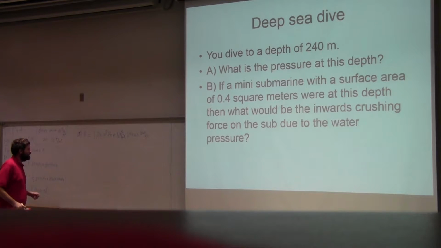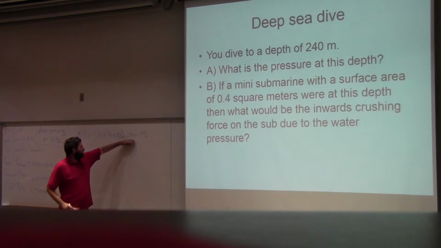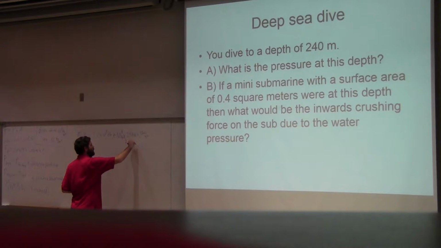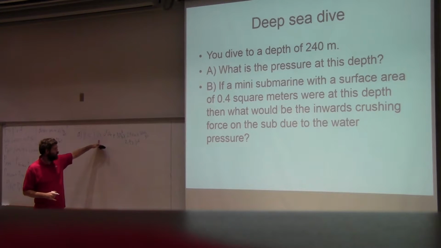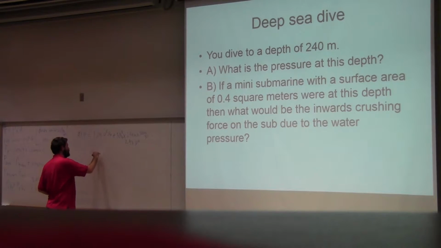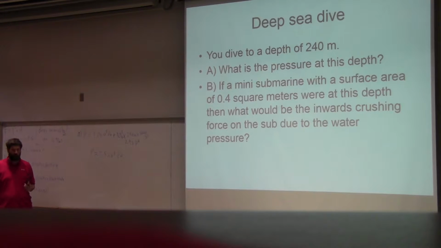And this is going to be 2.4 times 10 to the 6th, plus 10 to the 5th, which is 0.1 times 10 to the 6th. So my pressure equals 2.5 times 10 to the 6th pascals. So a lot of pressure, 25 times the pressure in this room.